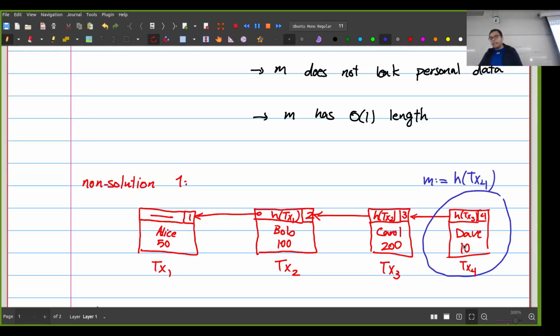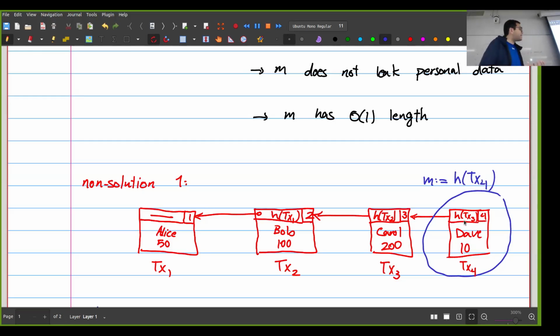But in the last session, we saw that if you don't have nonces in your hash, it can actually leak information, right? But here, I don't need to add an extra nonce, because this hash is pretty much like a nonce itself, right? So the hash of transaction 3 is already included in transaction 4.